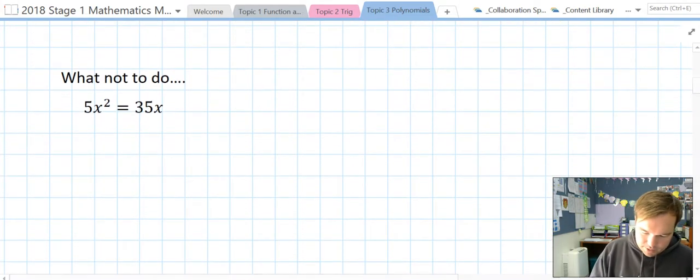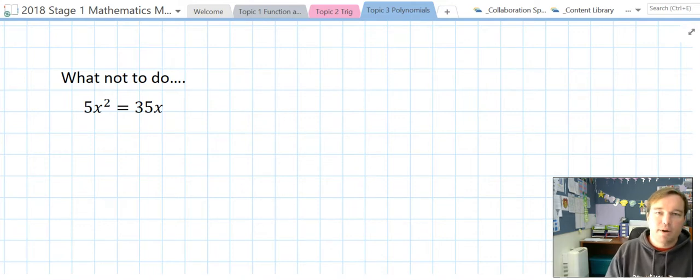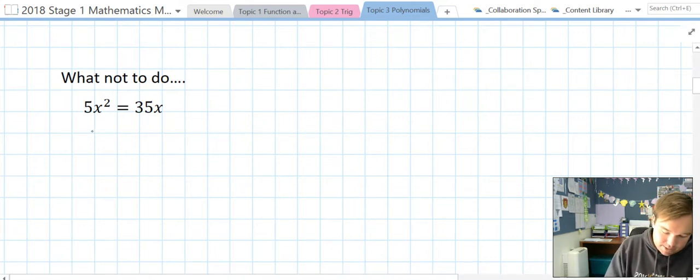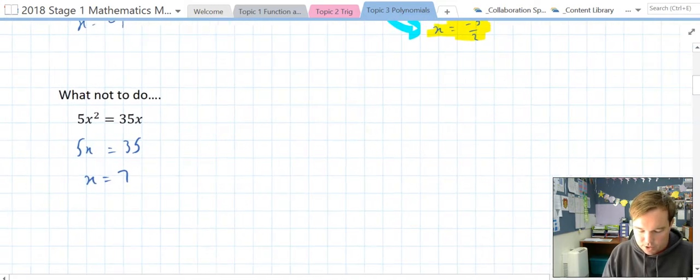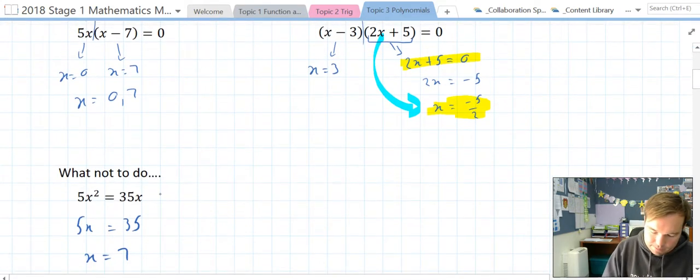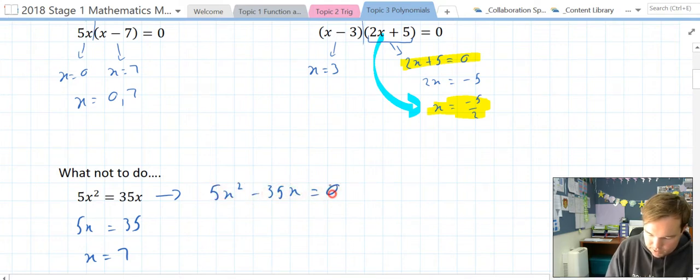Alright, what not to do? What not to do is if you see an equation like this, you might think, I'm going to divide both sides by x, which gives us 5x equals 35. Divide both sides by 5, x equals 7. Now, the reason that's what not to do is because really, this could also be written as 5x squared take 35x equals 0.